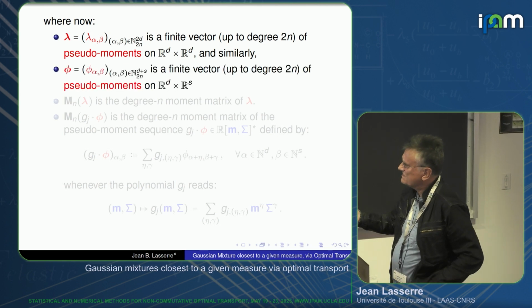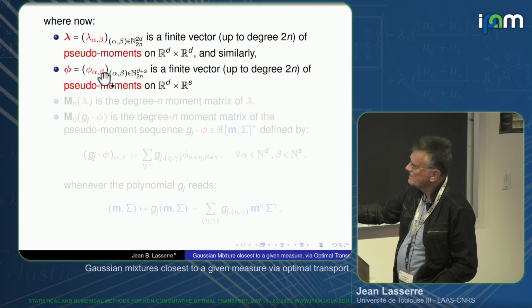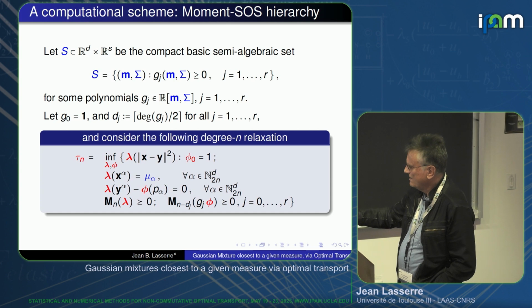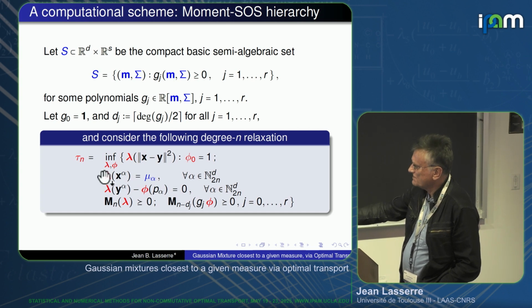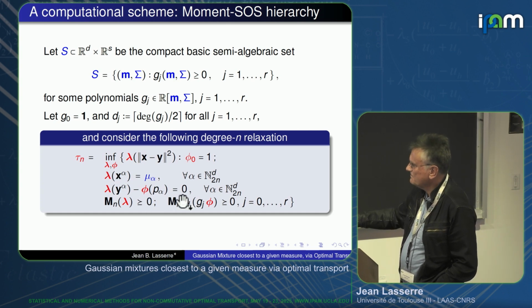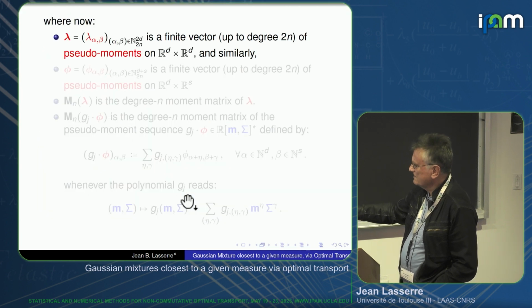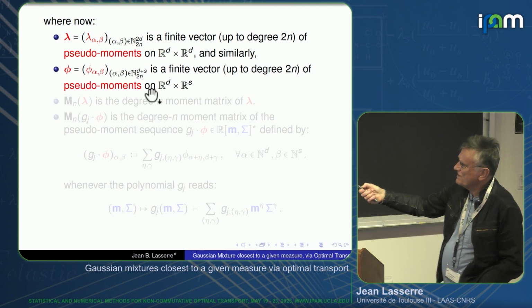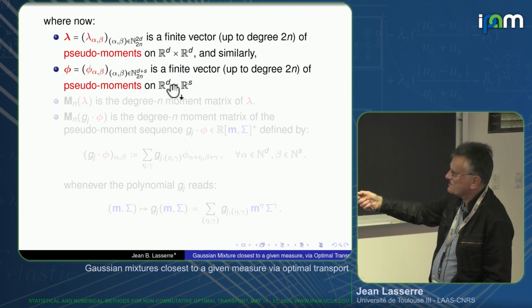Same thing for phi. So the lambda and phi that appear in this semi-definite program are finite vectors up to degree 2n of pseudo moments on RD times RS.